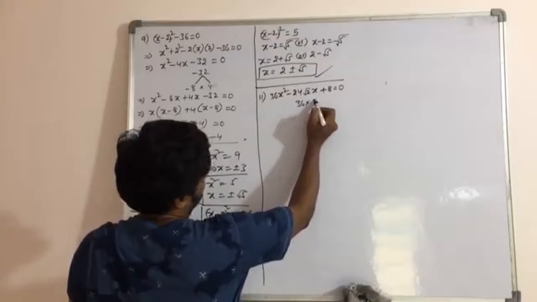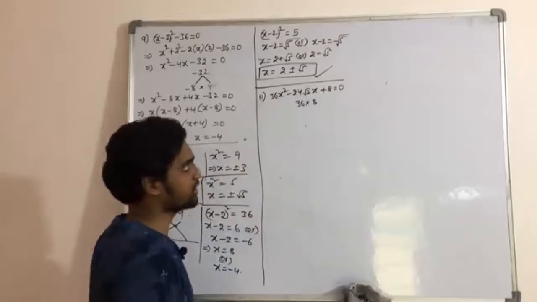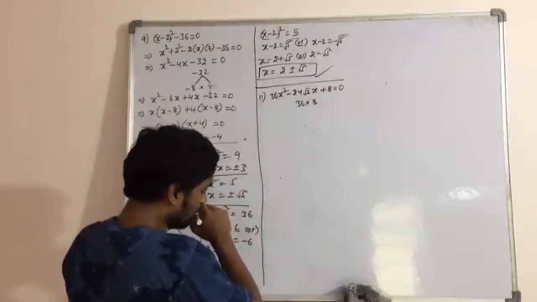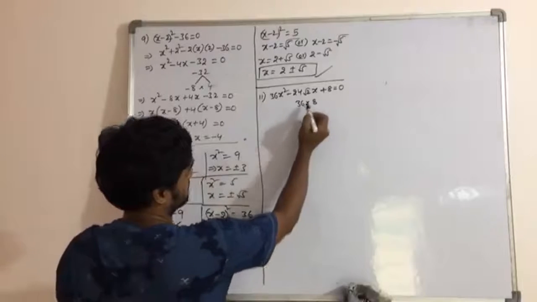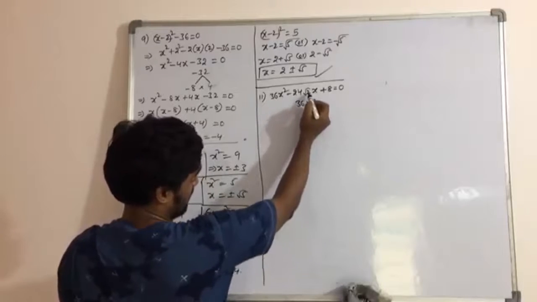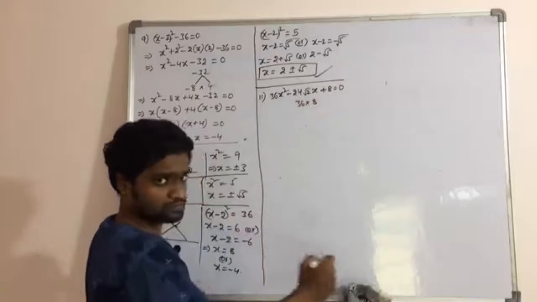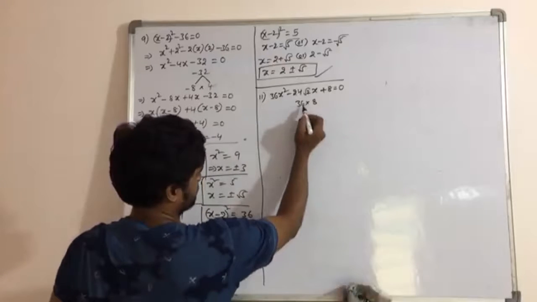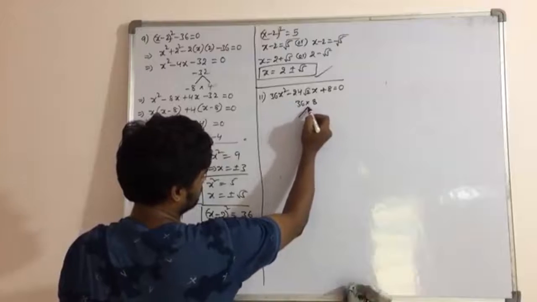Simple thing. 36 into 8. I need root 2. So now what I'll do?